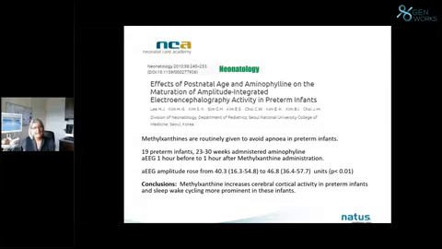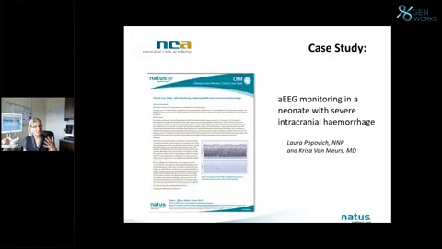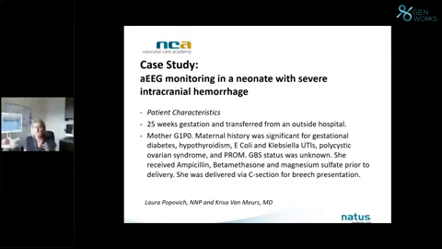Okay, so I'm going to share with you a case study that was actually shared with us. This was really looking at trying to identify seizures in these preterm neonates with severe intracranial hemorrhages. Just to give you the demographics, this was a 25-weeker, a baby who was an ex-utero transfer from an outside hospital.